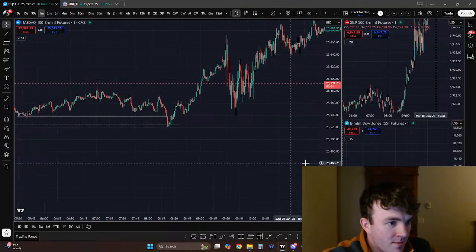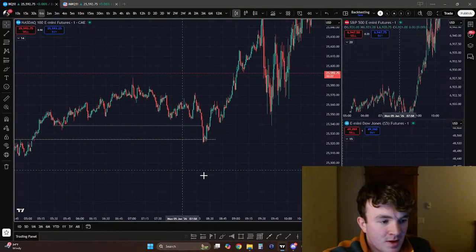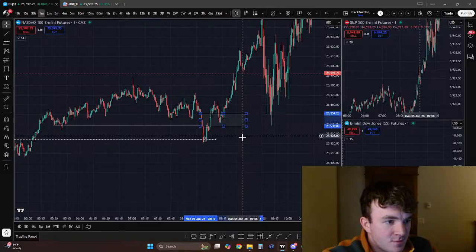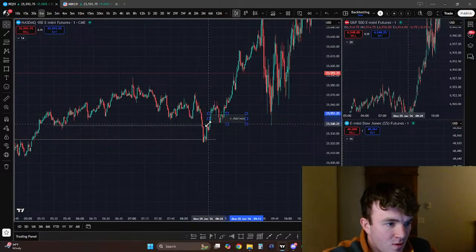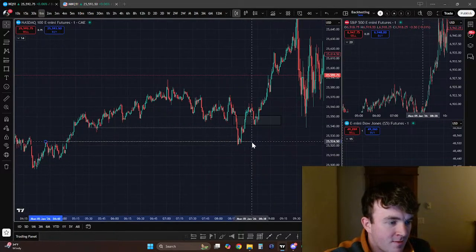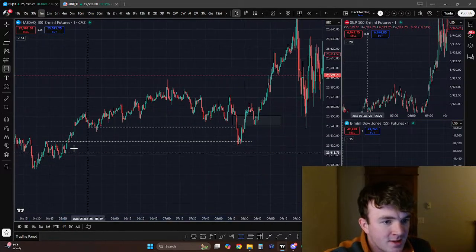And then we had a 1 minute BPR here. And I'm going to merge these candles together, so like this. So 1 minute BPR off of this 15-minute gap. Actually, we'll mark it out like this.